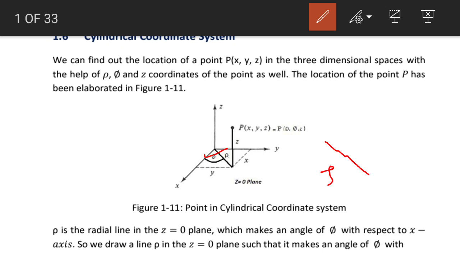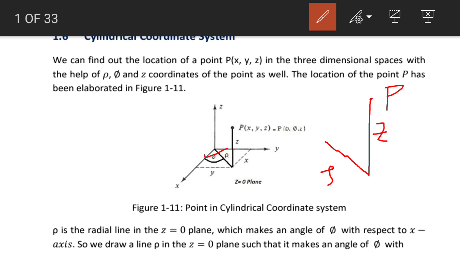And then we draw a line parallel to the z-axis such that the length of this line is equal to the z coordinate of the point under observation, and thus we reach this point P with the help of these three coordinates, and these three coordinates are known as the cylindrical coordinates.